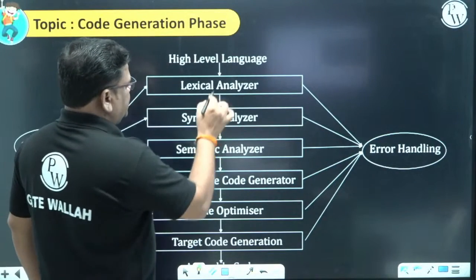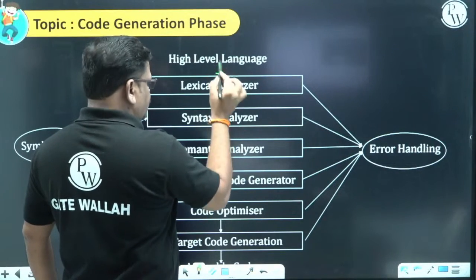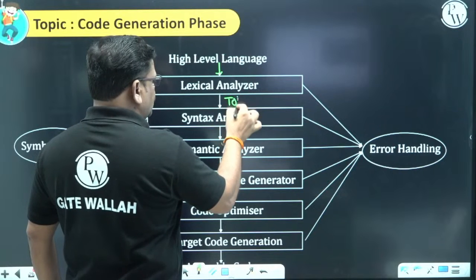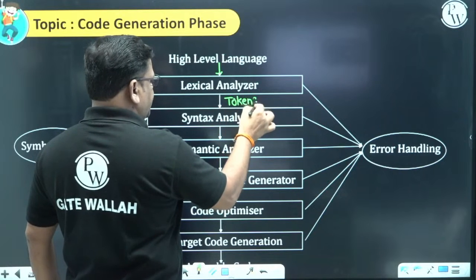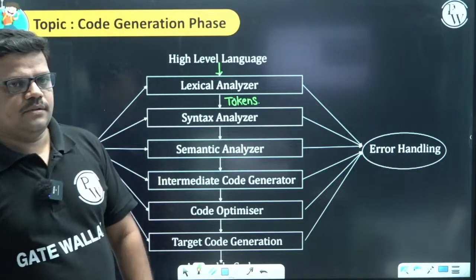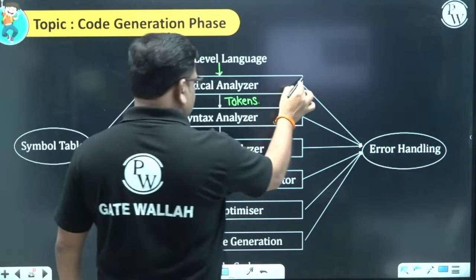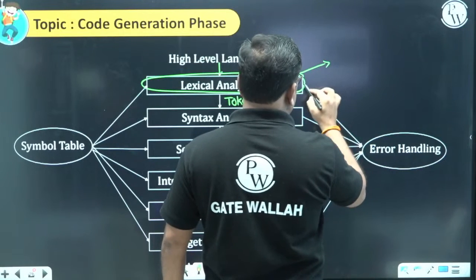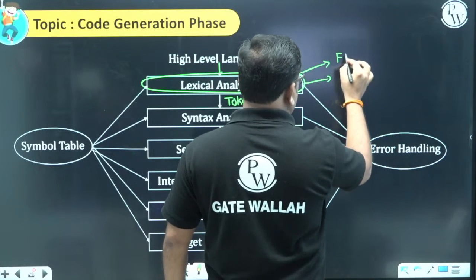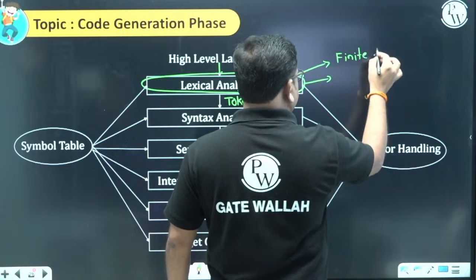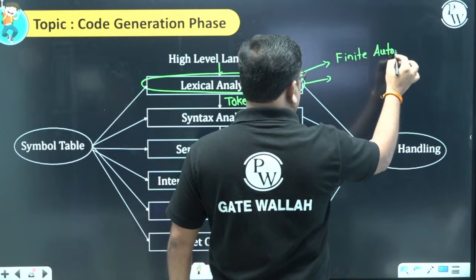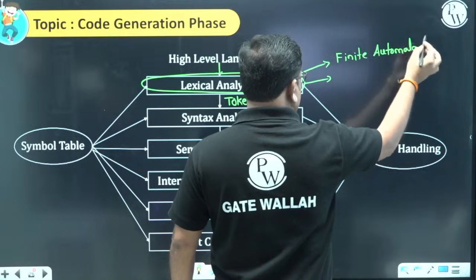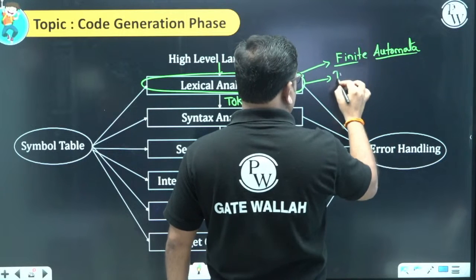The lexical analyzer takes high level language programs as input and produces tokens as output. In order to design this, the concepts of theory of computation used are finite automata and regular expressions, for our token rules.